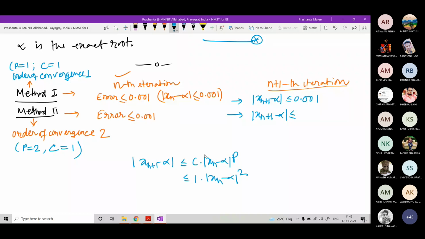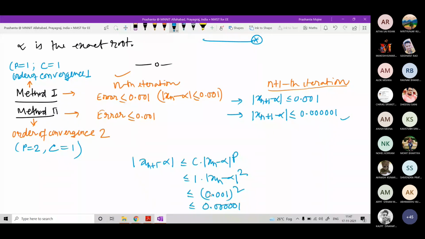And what is the maximum value of Xn minus alpha in method 2? 0.001 squared, that is less than or equal to 0.000001. So the error in the n plus 1th iteration is less than this value.